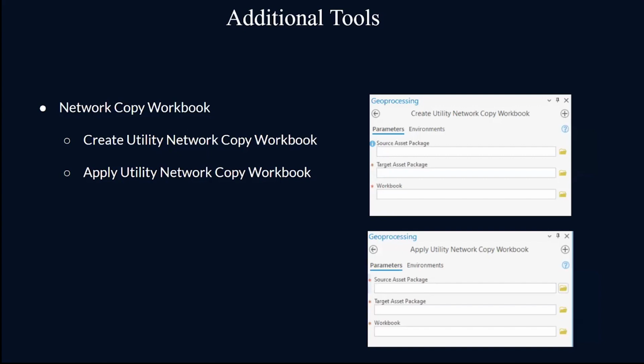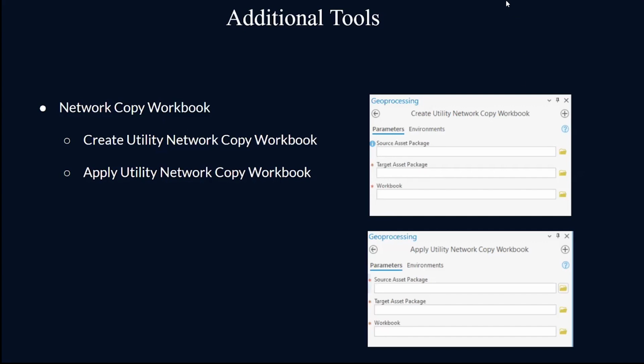When we do that, we're copying rules and all the properties of that. So this is cool for moving from one model to another. You can move a feature from the electric into the water. So this is just a neat tool. I haven't had a chance to use it yet, but did just find it and wanted to make everyone aware.